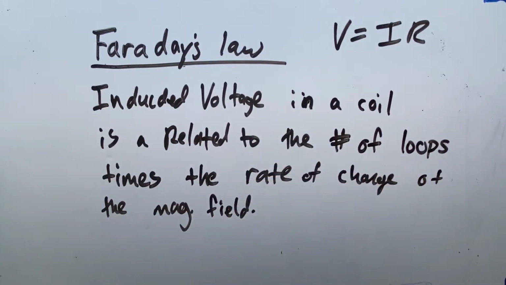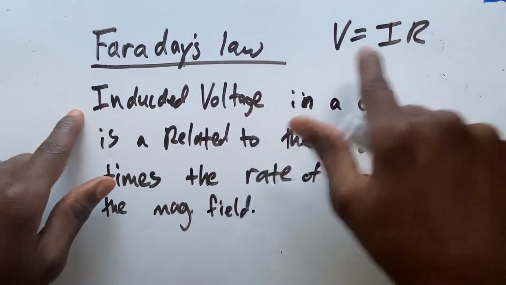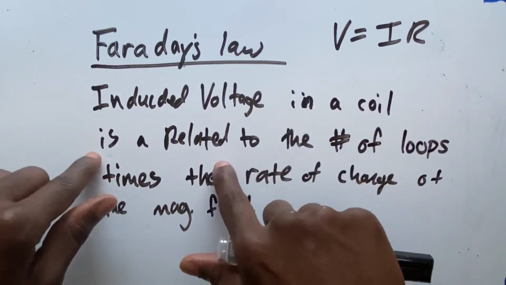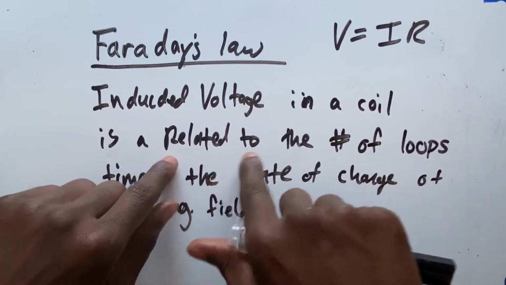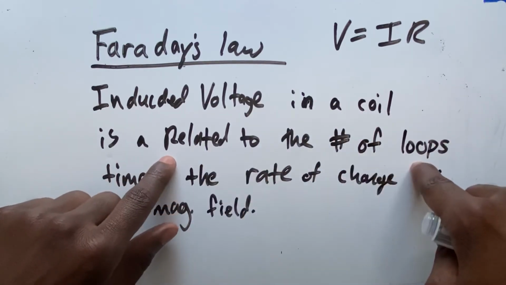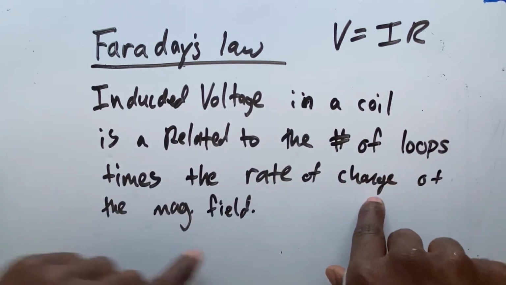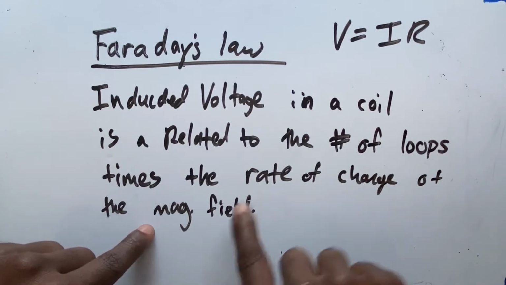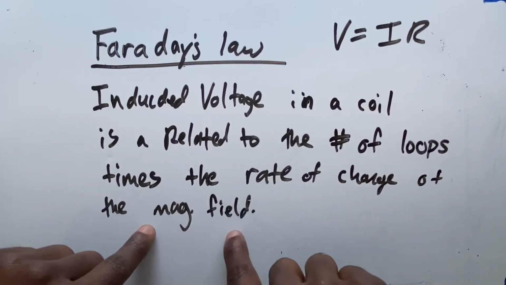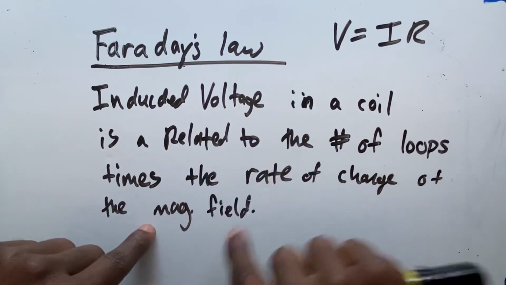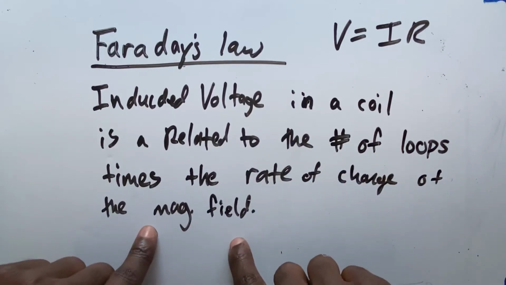Boom. So the induced voltage or the induced current in a coil is related to the number of loops, so however many loops times the rate of change of the magnetic field, where this is basically just how fast the magnet is going through those loops.